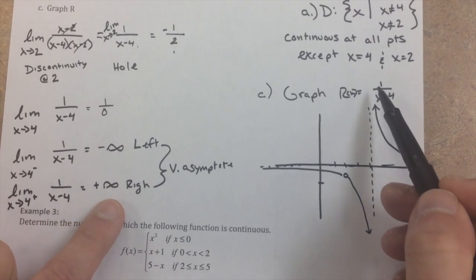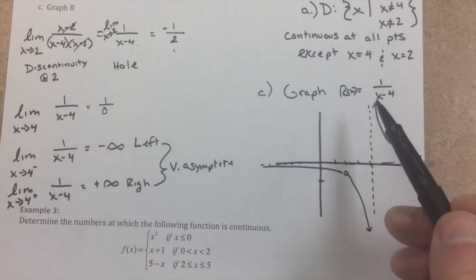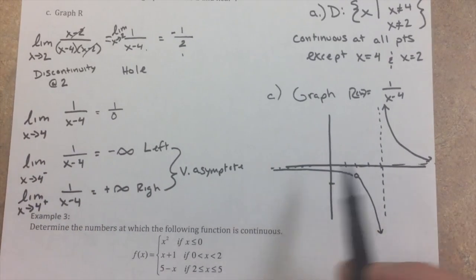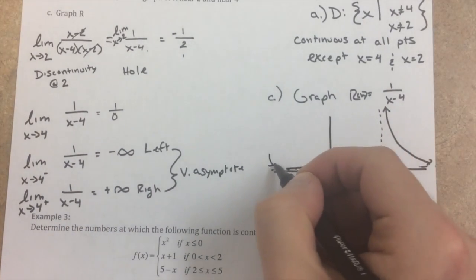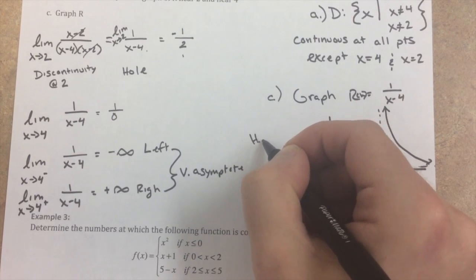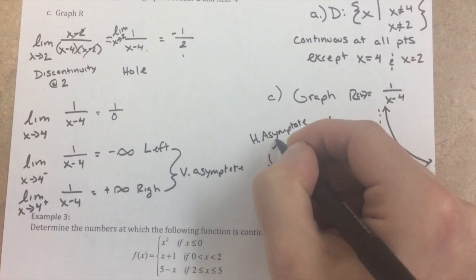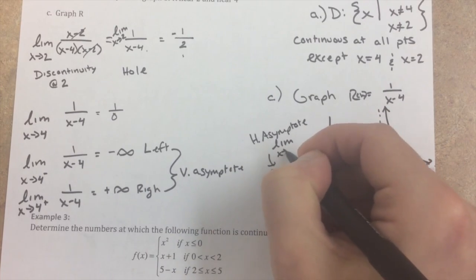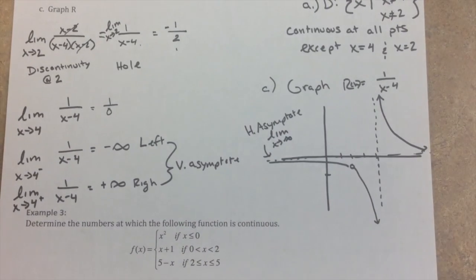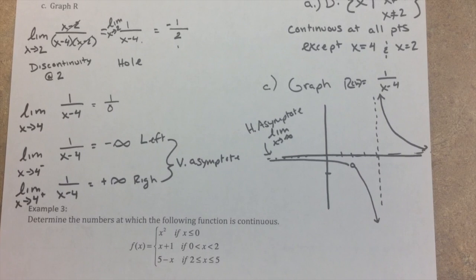From the right, it's going up to positive infinity. Now, the last piece, this horizontal asymptote, is more so asking, what's the limit as x approaches infinity or negative infinity? And we'll talk more about that when we get to calculus.